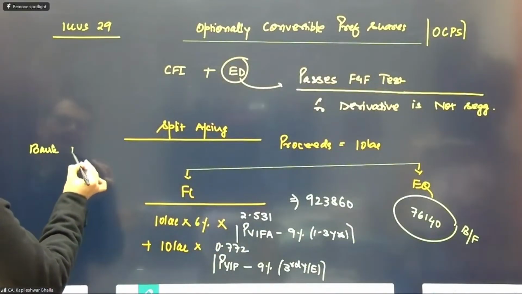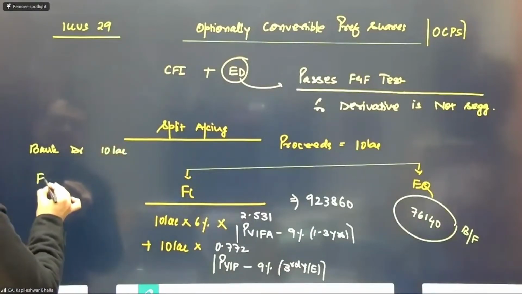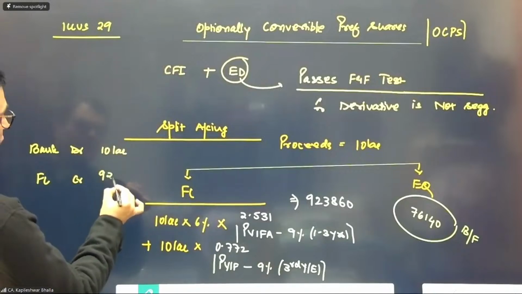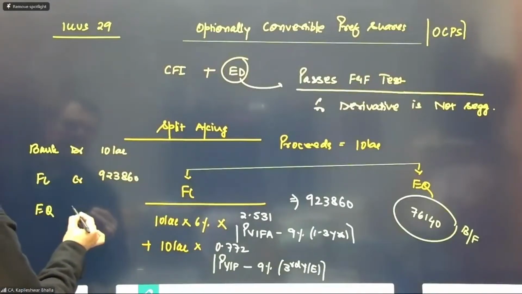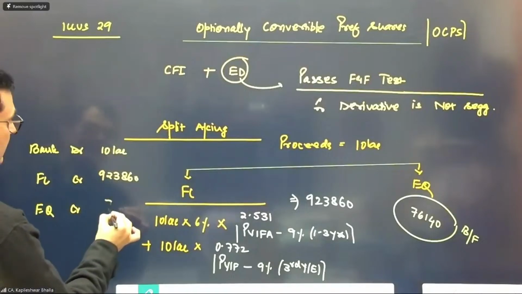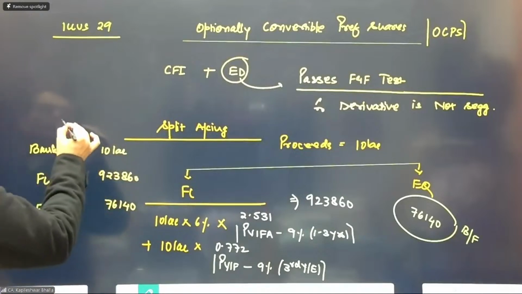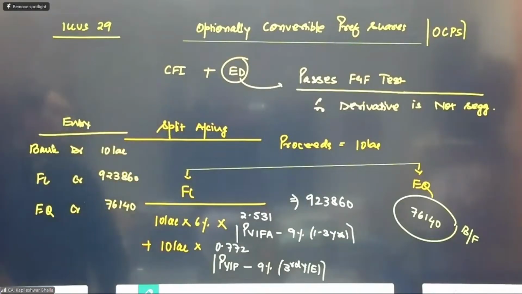Bank gets a debit to the extent of the total proceeds, 10 lakh. The financial liability gets a credit of 923,860. And the equity gets a credit, which is 76,140. This is what the journal entry at the inception would look like.